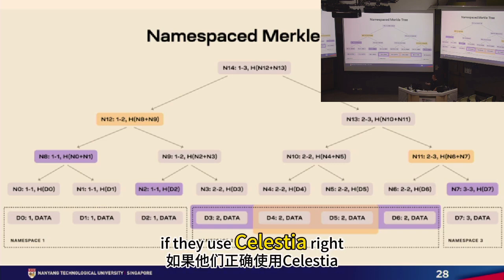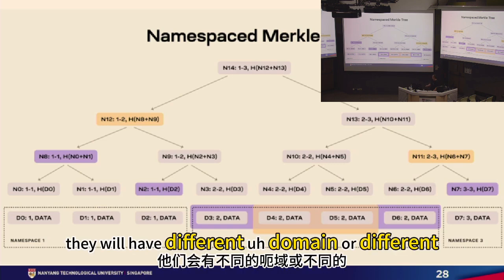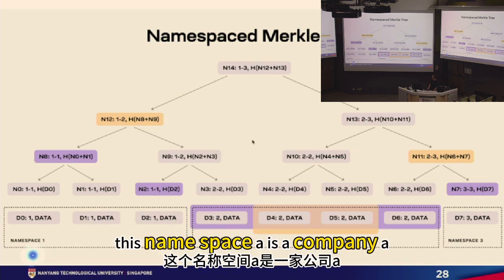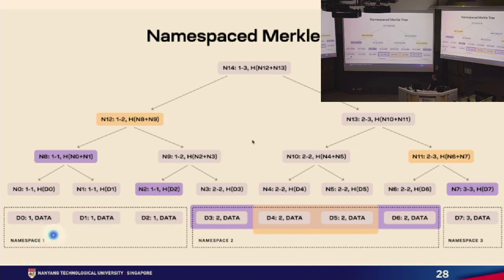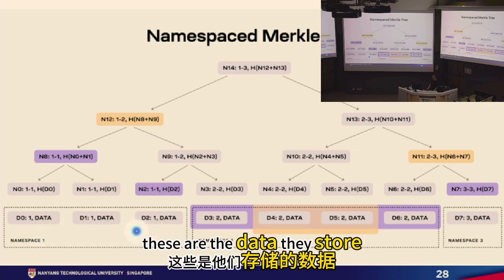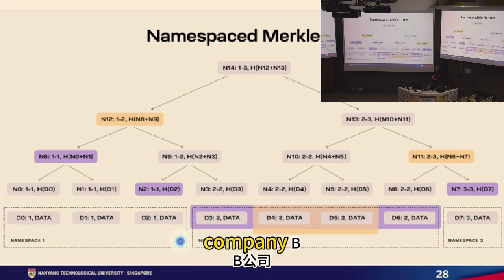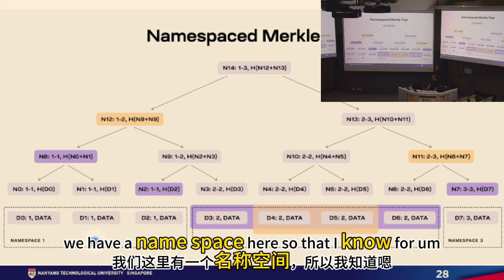If they use Celestia, they will have a different domain or tenant. For example, this namespace A is company A. When they store the data, these are the data they store. And in order to differentiate this data set from other company B, they have a namespace here.